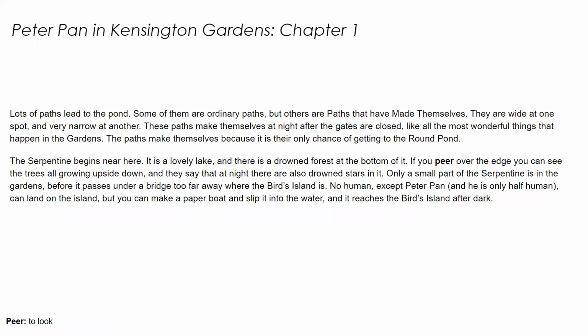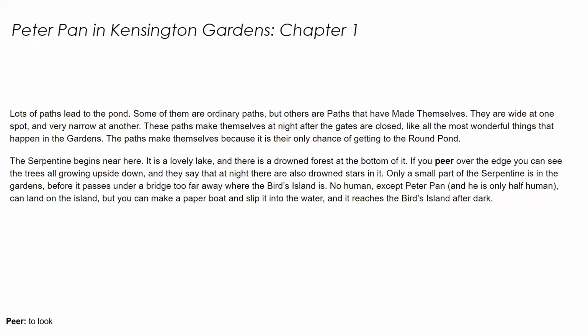The Serpentine begins near here. It is a lovely lake, and there is a drowned forest at the bottom of it. If you peer over the edge, you can see the trees all growing upside down. And they say that at night, there are also drowned stars in it.